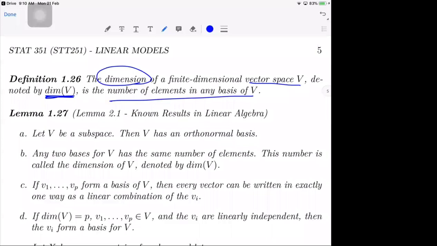Now, if you recall, the rank of a matrix is the maximum number of linearly independent rows or linearly independent columns. Now, these are some well-known results in linear algebra. We will not prove them, but you should be familiar with them because in the proofs in the next theorems and lemmas and corollaries, you will usually use these results in linear algebra.